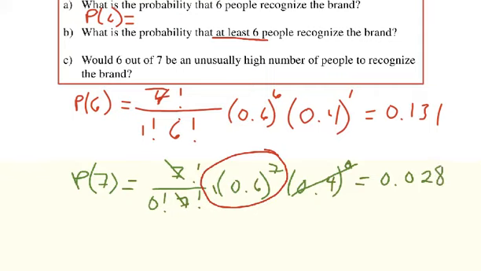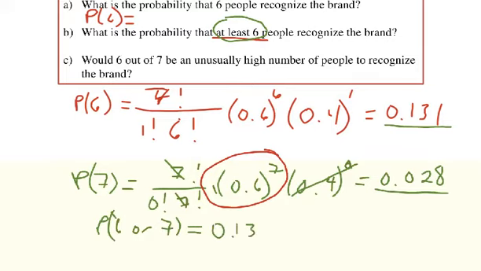Now to answer the question, at least 6, we simply have to add up the probability of 6 plus the probability of 7. So to do that, 0.131 plus 0.028 gives us 0.159.